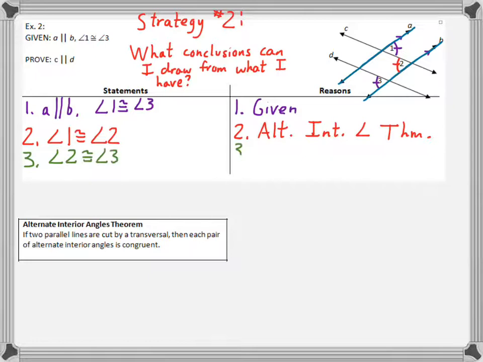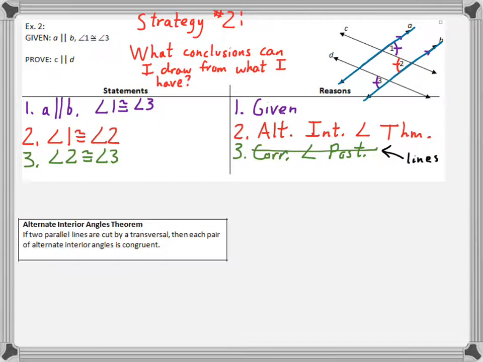Well, I notice that because angle 1 and angle 3 are congruent, and angle 1 and angle 2 are congruent, well, all of them must be congruent. So angle 2 and 3 are congruent to each other as well. What's the reason for this? Some of you might be tempted to say the corresponding angle postulate, because angle 2 and angle 3 are indeed corresponding.